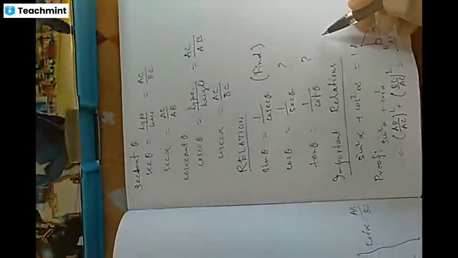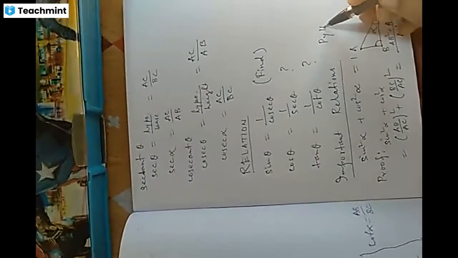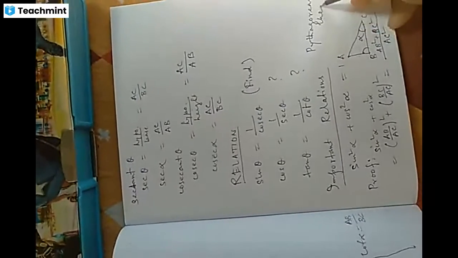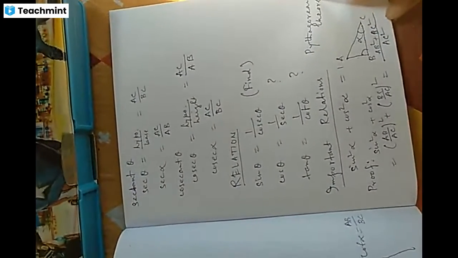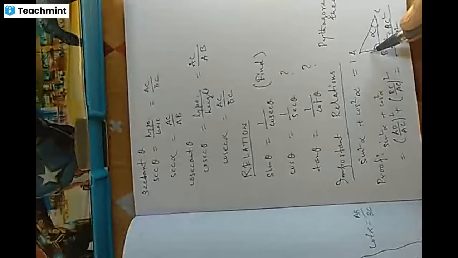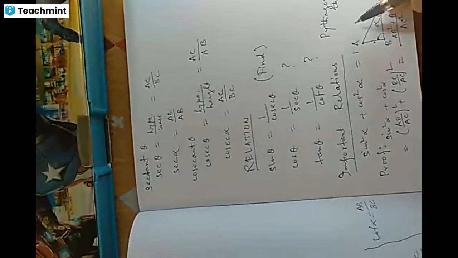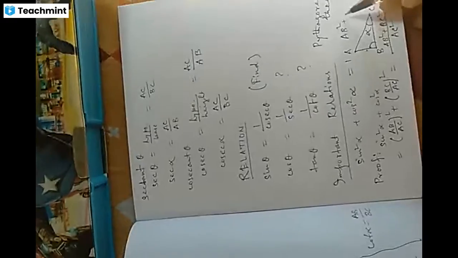If you know the Pythagorean theorem, it states that the square on the height plus the square on the base is equal to the square on the hypotenuse, meaning AB square plus BC square is equal to AC square.